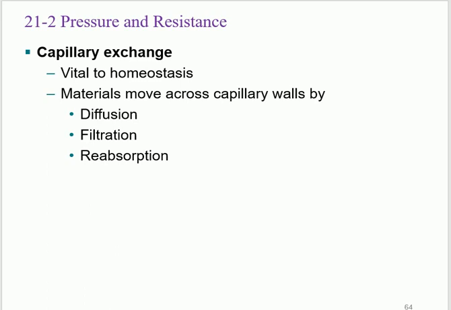Now the fluid is outside. Cells will take their needs, release their bad stuff. On the other end, it returns back. Is that clear? It's not just that. Here is to make it even harder. As if it's not hard enough already.